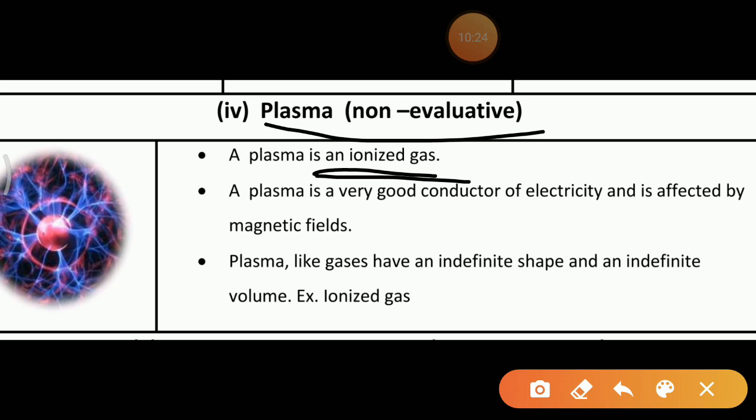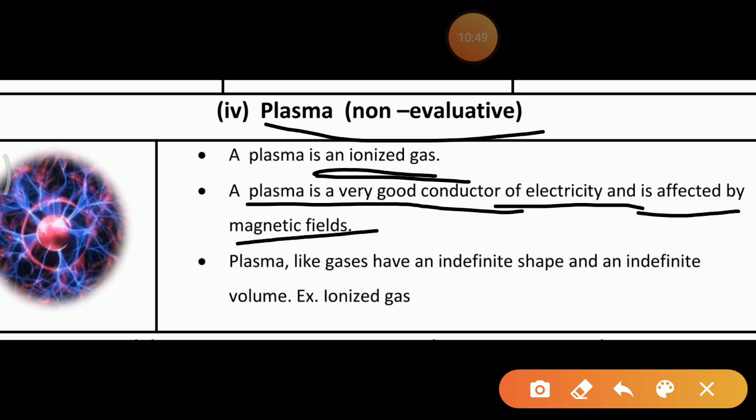Inside a neon sign bulb there is neon gas, and inside a fluorescent tube there is helium gas or some other gas. The gas gets ionized, that is gets charged, when electrical energy flows through it. It means a plasma is a very good conductor of electricity and is affected by the magnetic field.